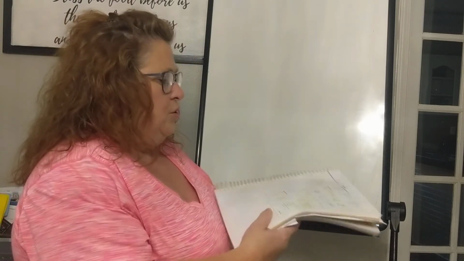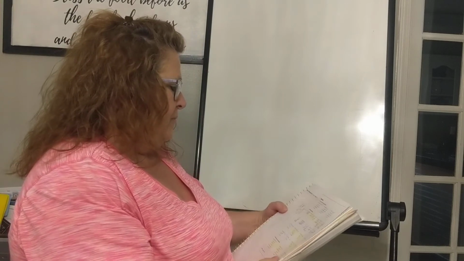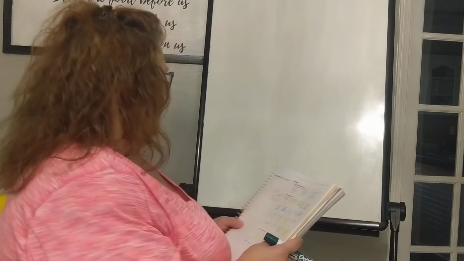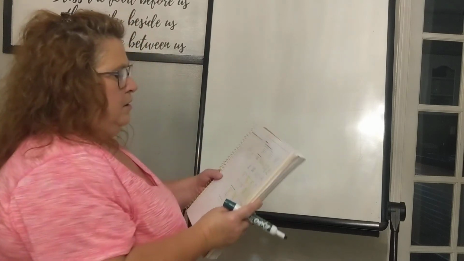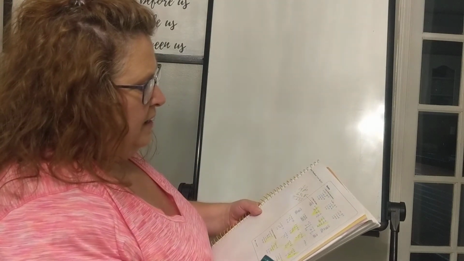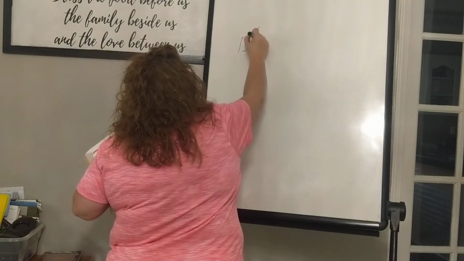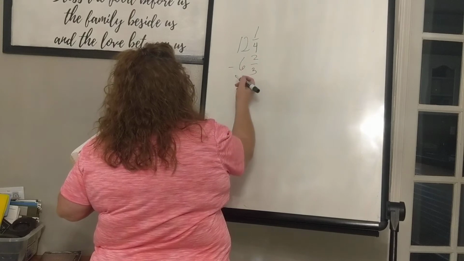Go ahead and turn it over to page 278. Some of this you will do on your interactive worksheet, but I want to look at 6A. We have 12 1/4 minus 6 2/3.